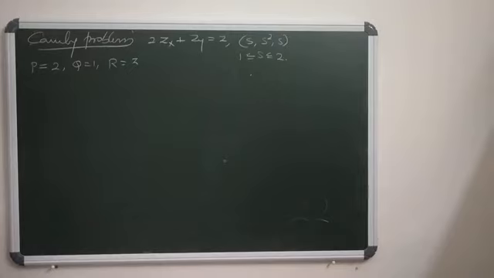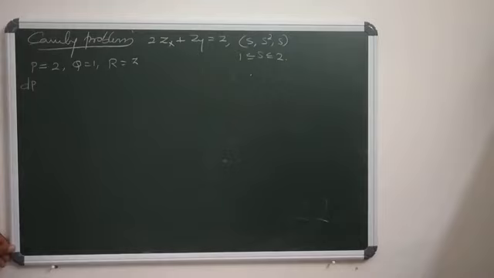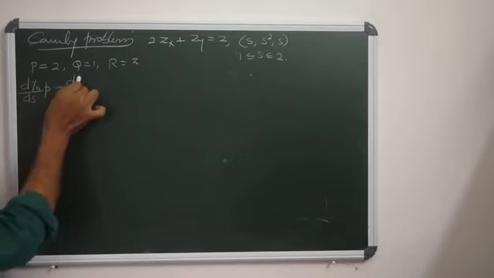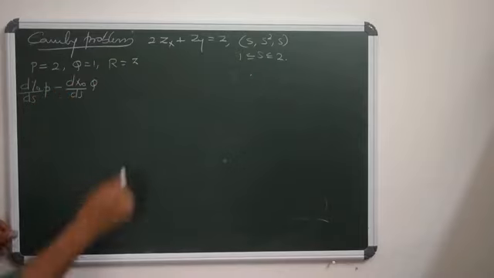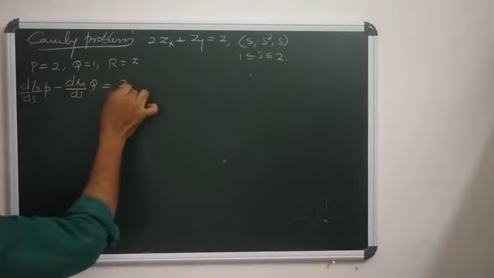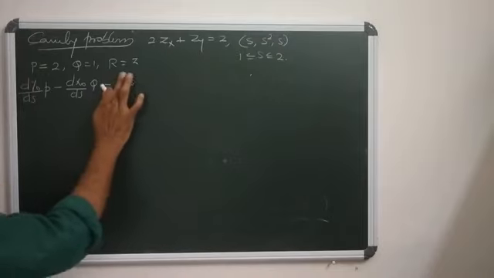Yes. So first we will check whether it has a solution. Consider the condition (dy naught by ds) into p minus (dx naught by ds) into q. Y naught is s square, so dy naught by ds is 2s, into p means 2.